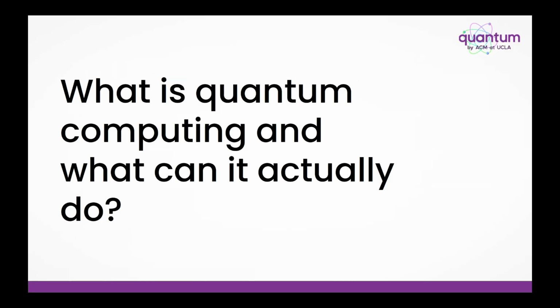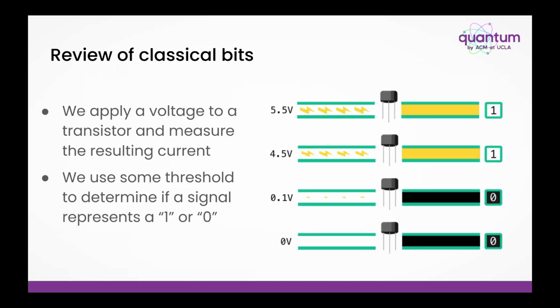What is quantum computing and what can it actually do? Before we study qubits and quantum computing, I would first like to review classical bits. What is a classical bit and how do they work? Physically, a classical bit is a small piece of semiconducting material called a transistor that can toggle between stopping the flow of electrons or letting them pass.